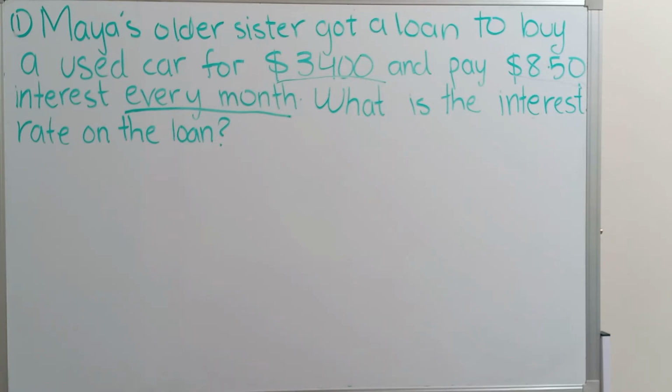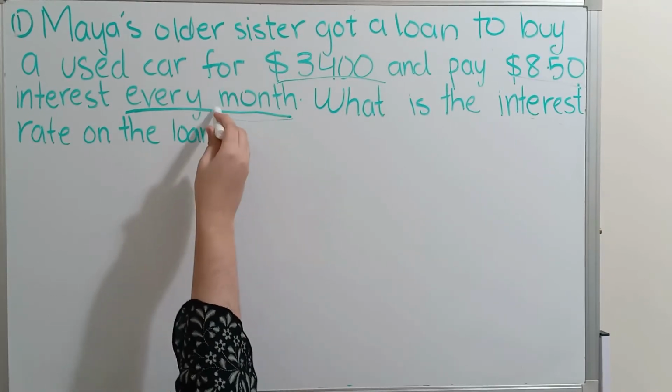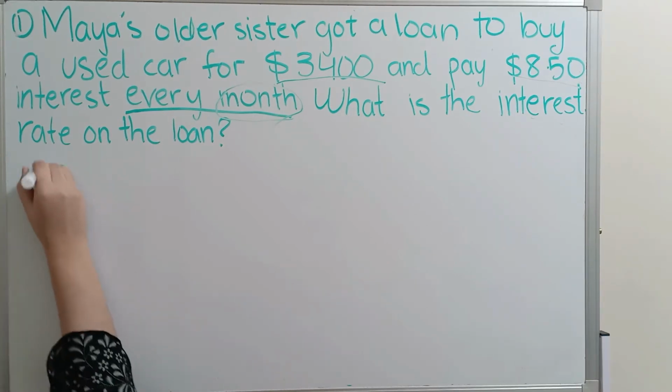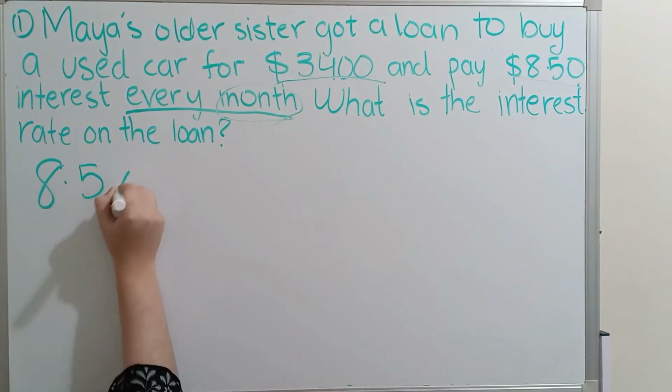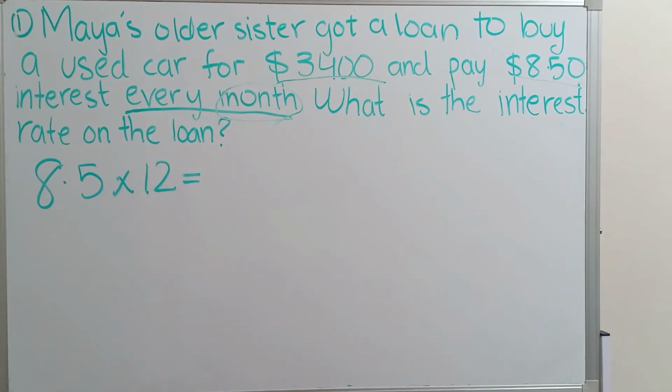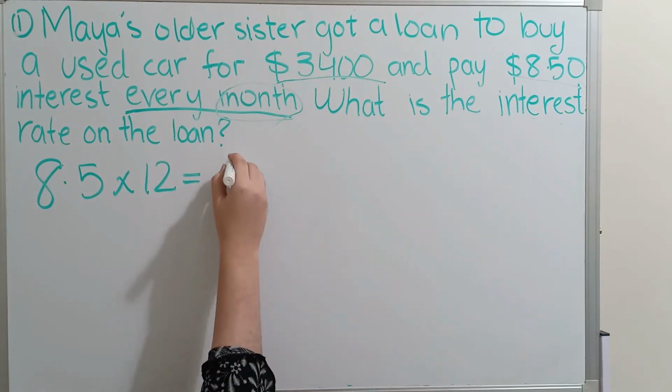We are given it for every month, and there are 12 months in a year. So we're going to multiply 8.5 by 12 to get the interest amount for 1 year, which is going to be $102.